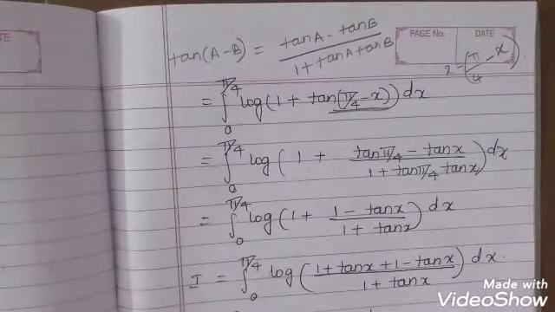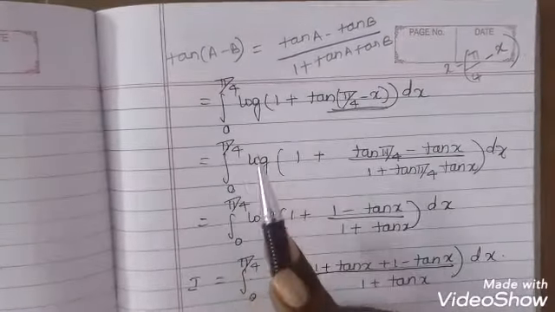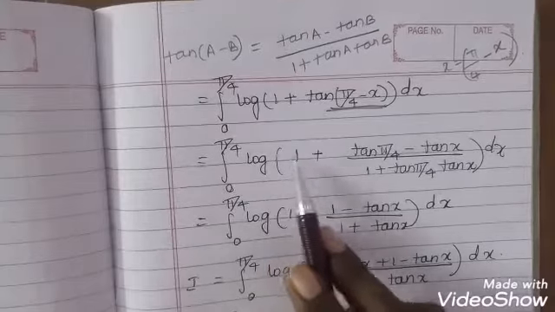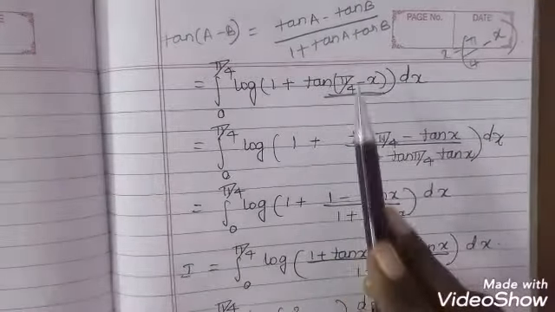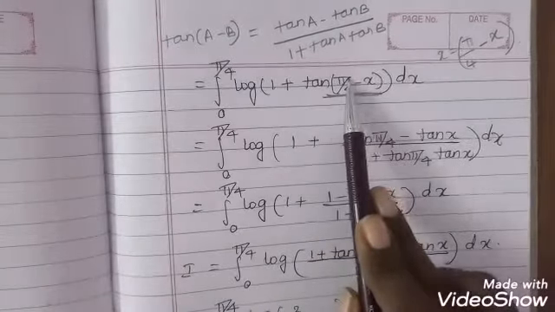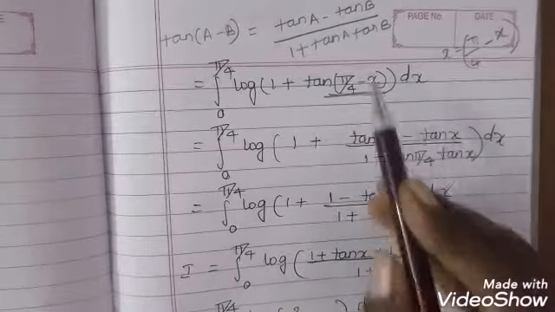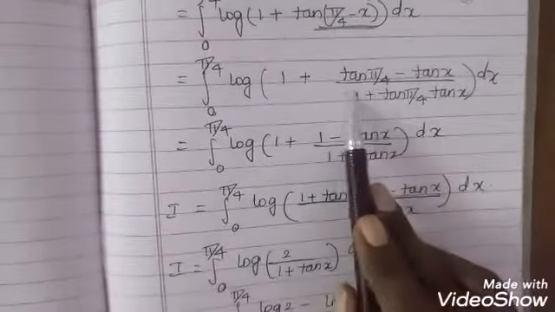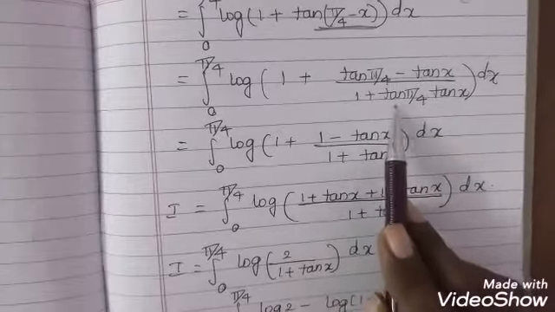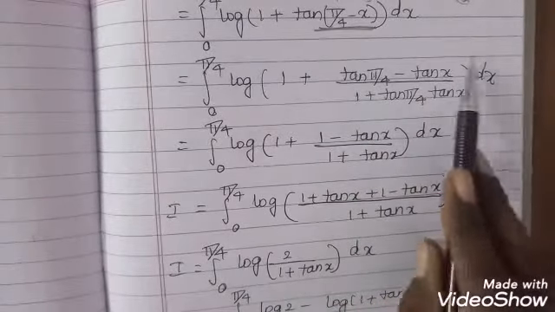So using that, I can write it as integral over 0 to pi by 4 of log of 1 plus tan a minus tan b. So what is tan a minus tan b? It's nothing but tan of pi by 4 minus x, because this is your A and this is your B, minus tan x, divided by 1 plus tan pi by 4 into tan x dx.